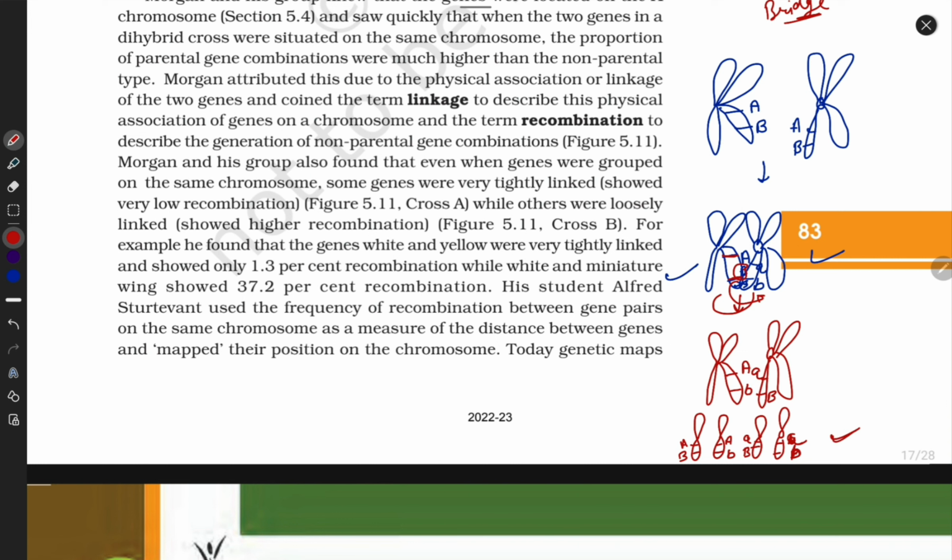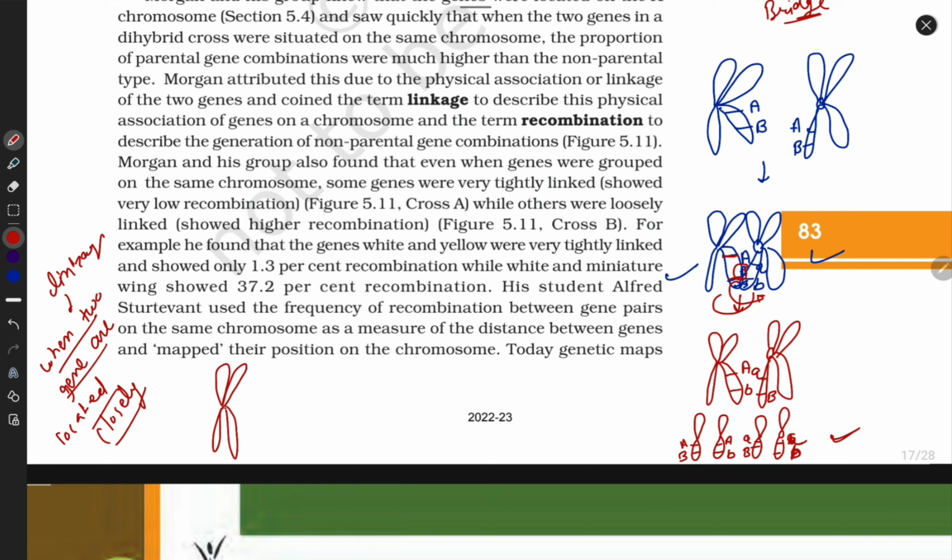Now, how do you understand linkage? Linkage means, guys, when two genes are located closely. If two genes are located closely, then they can't exchange their genes. I'm drawing here. This is chromosome 1 and this is chromosome 2.